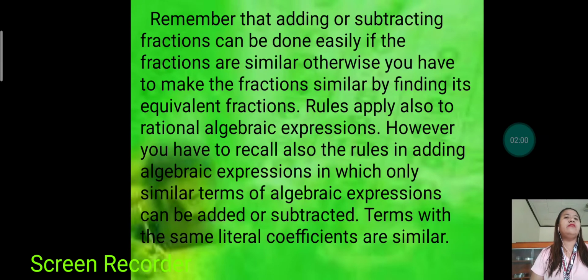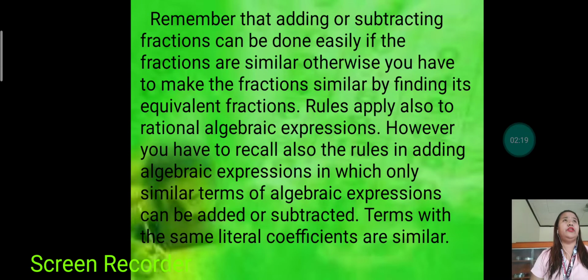However, you have to recall all the rules in adding algebraic expressions, in which only similar terms of algebraic expressions can be added or subtracted. Terms with the same literal coefficients are similar.